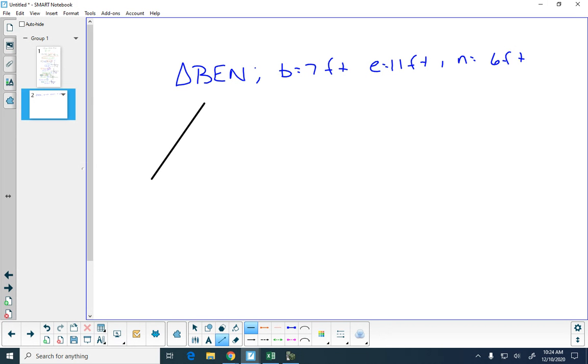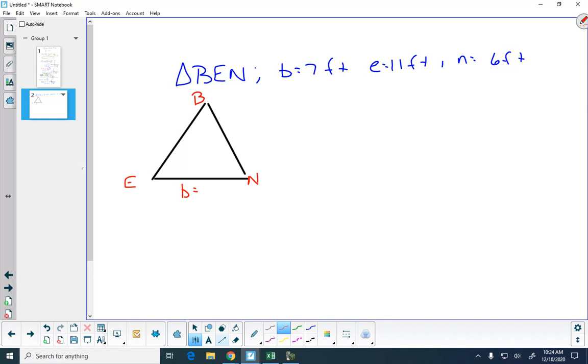So I'm going to get my triangle here, getting BEN down. Little b is across from big B, is 7. Little e is across from big E, which is 11. And little n is across from big N, which is a value of 6.